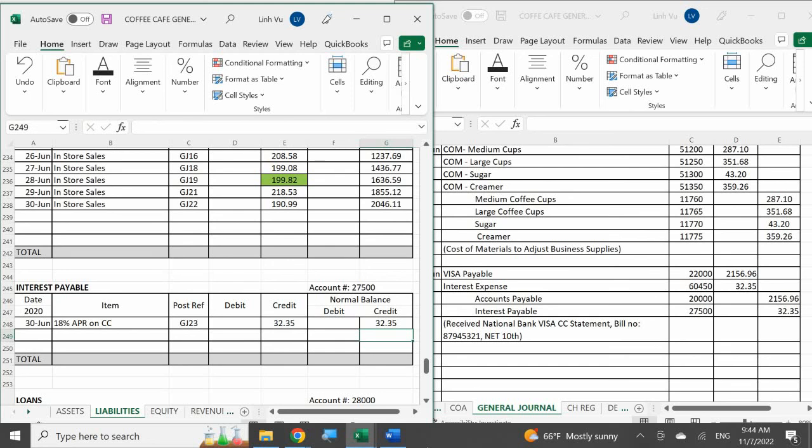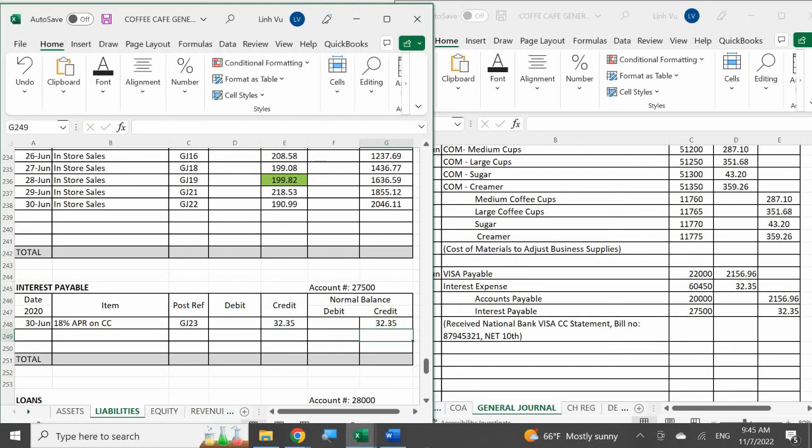I need to know how much I got charged for the month of June, because that interest expense was for June, not July. So I want to make sure I get all of my numbers in for my accounting period, so I don't have to go back and adjust them later on.